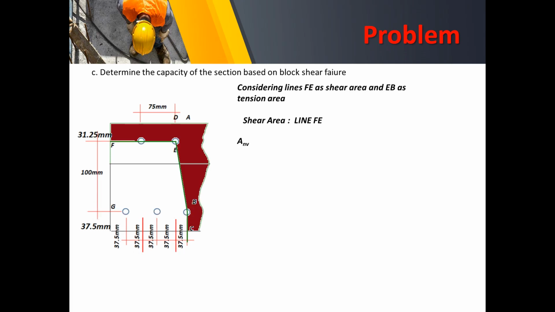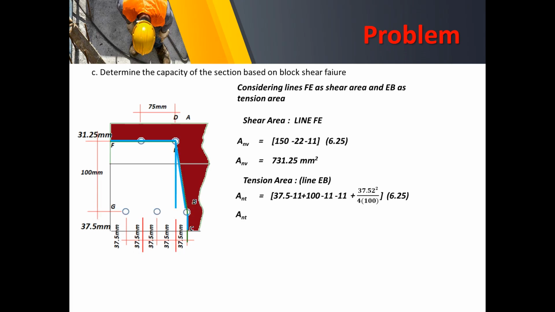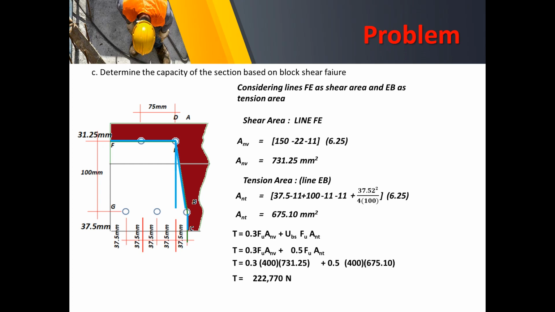This time, we have a lesser value of 222.77. Hence, we choose the least value. Therefore, case 2 prevails in this example. Hence, we use the tensile capacity of 222.77. Okay, so that's it for this session.